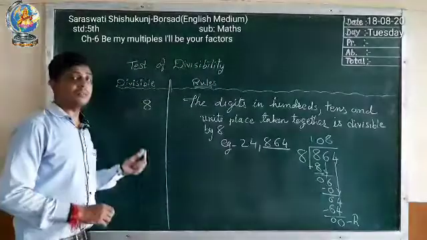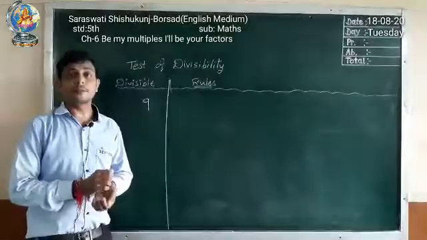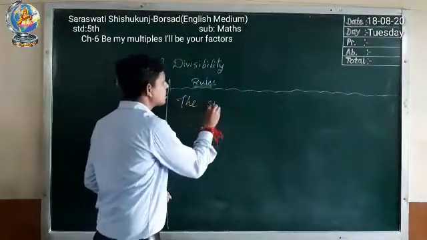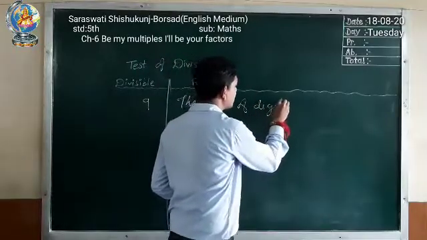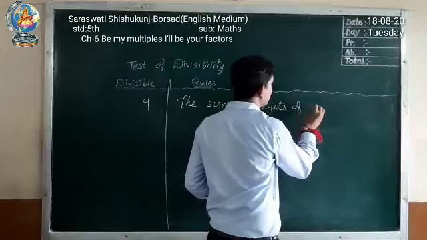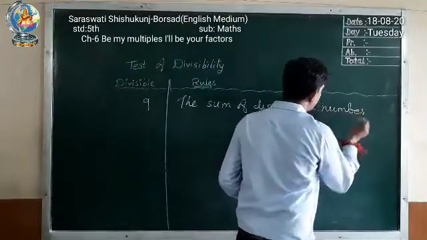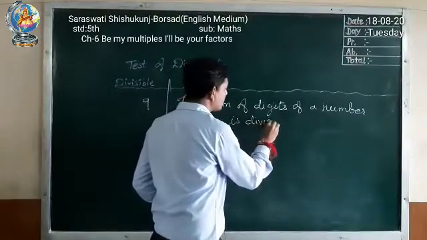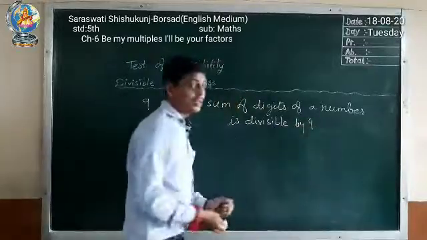Now next we will learn 9. The next number is 9, the test of divisibility rule of 9. The rule is: the sum of digits of a number is divisible by 9.